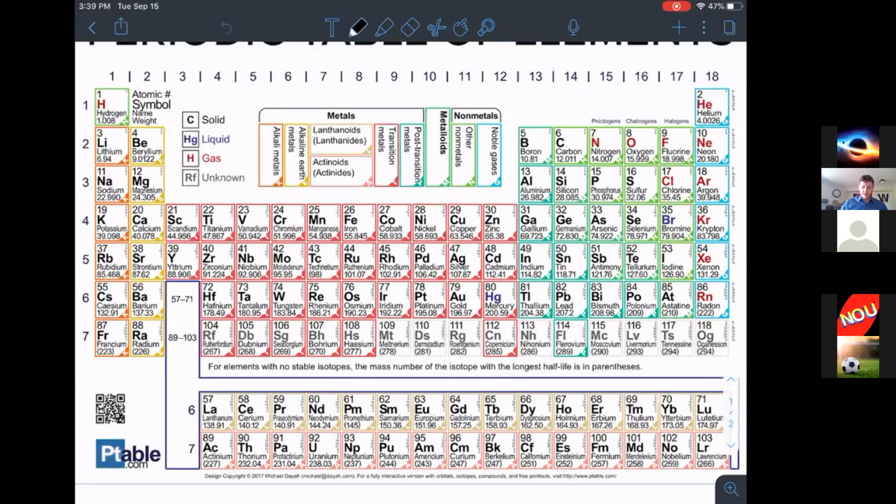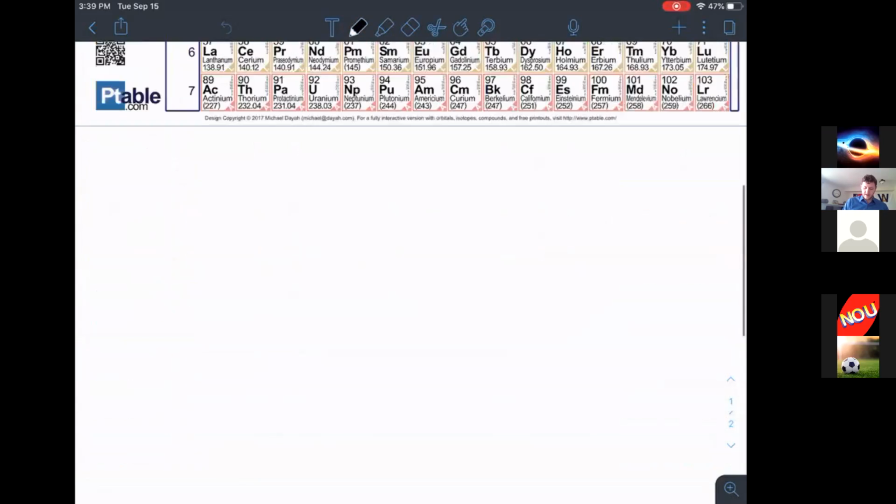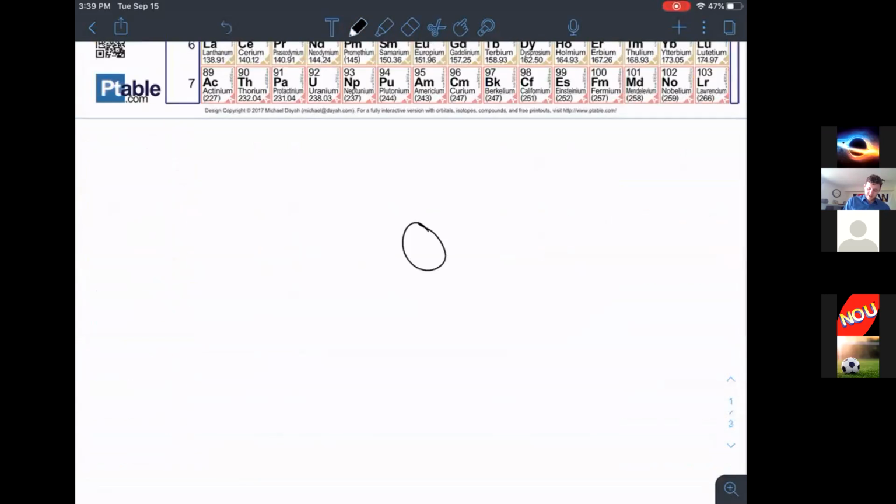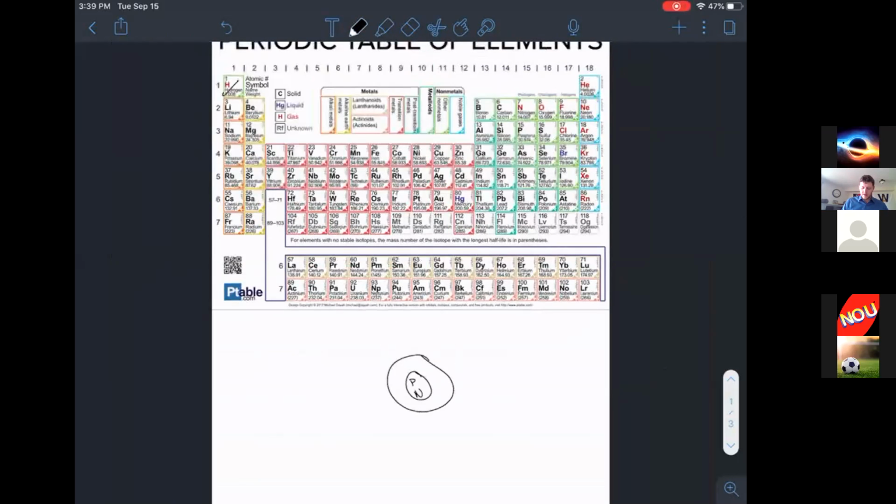So if I'm drawing my orbital for lithium, I have my nucleus with my protons and neutrons. I draw my first orbital where I put my 1, 2 electrons on my first orbital. When I get to lithium on the second row, I'm going to add a new ring around my nucleus to put my third electron.